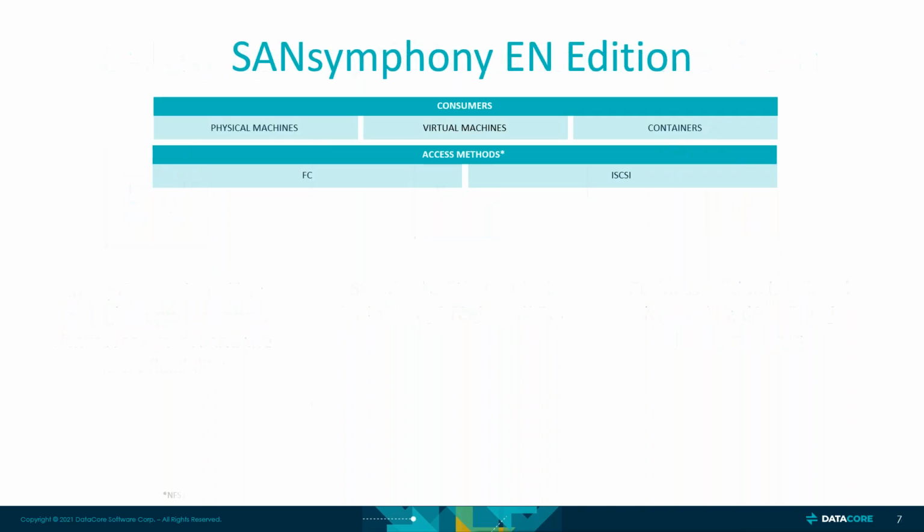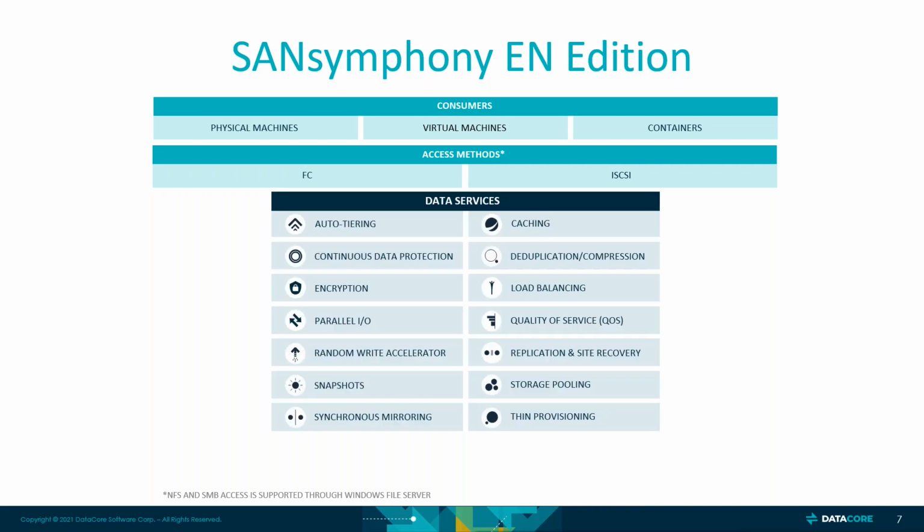Let's distinguish those from a feature standpoint. So the EN edition, the all-inclusive one, provides connectivity to physical machines, virtual machines, as well as containers through a CSI, or container storage interface. We have 2 access methods: FC stands for fiber channel, and iSCSI is the other.